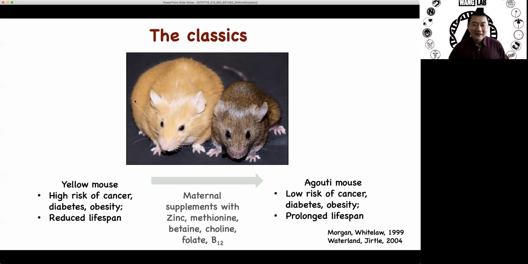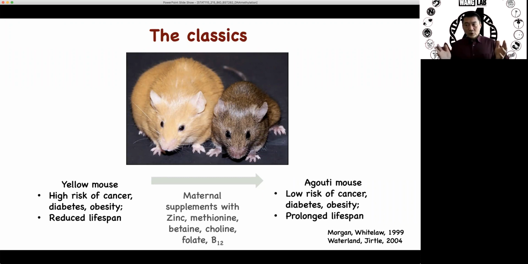Especially the one on the left, the golden fur, very chubby. You just can't stop falling in love with a little animal like that. Unfortunately, this animal has some kind of bad phenotype. It has high risk of cancer, diabetes, it's obviously obese, and they also have reduced lifespan.